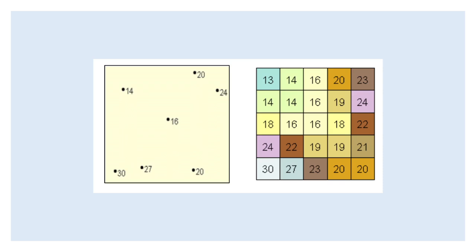So in between, let's say for point 16, if you take a look at this, a cell has been created. And not only has it created a 16 cell, you already have a 14 over here, then a 24 over here, a 20 over here, then this 20, 27 and 30.